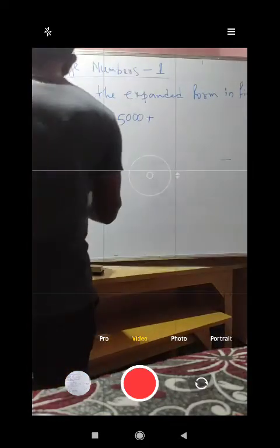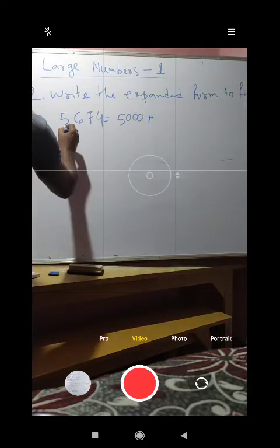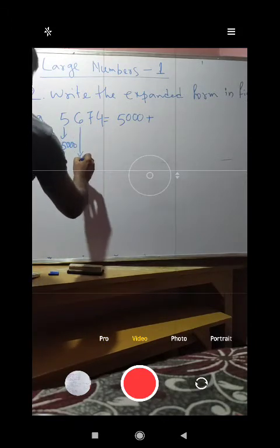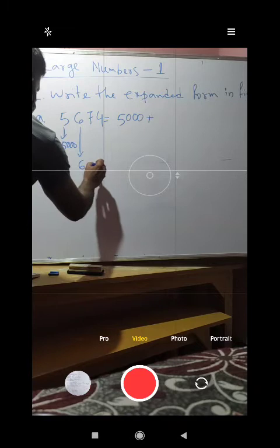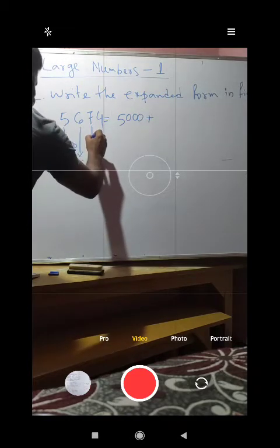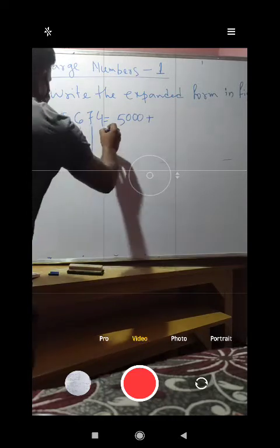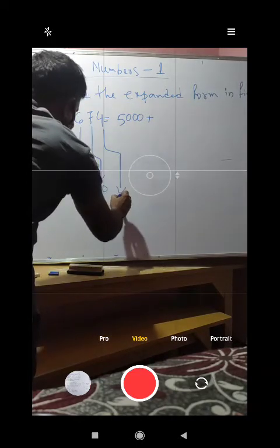So let us do like this. For this 5,000, for this it is 600, for this it is 70, for this it is 4. So how do we write it?